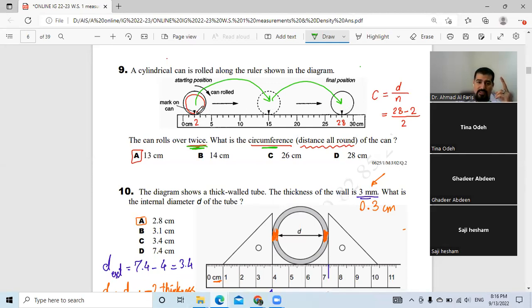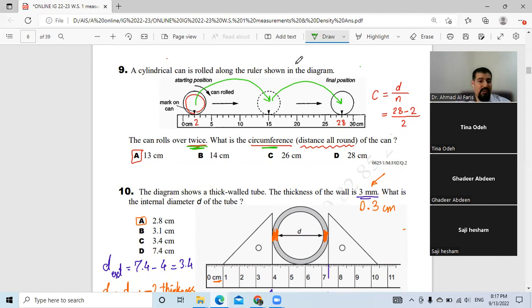So if you measure the distance from here to here, actually from 2 to 15, 15 minus 2, it is 13. To be more accurate, they make it roll twice, to measure the total distance until 28, which is 26. 28 minus 2, 26, divided by 2 rolls. So the answer is 13. Did I answer your question, Mina?